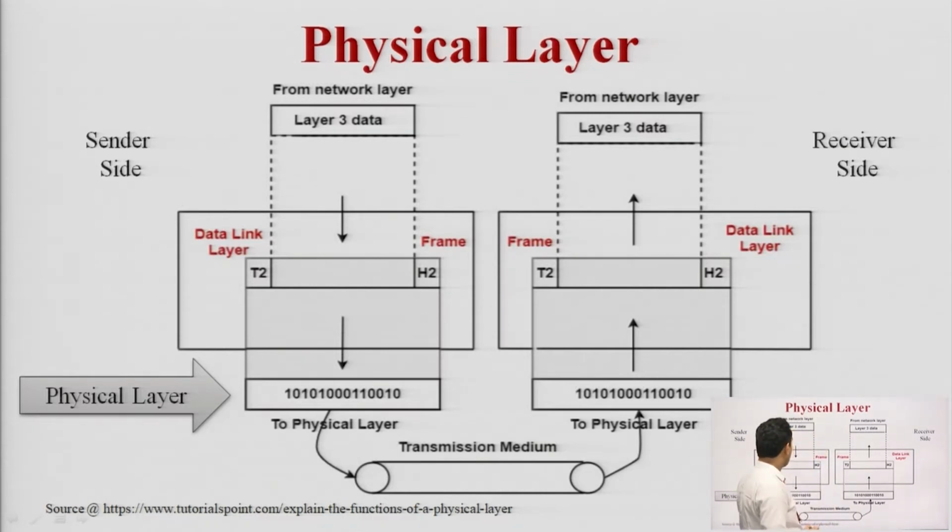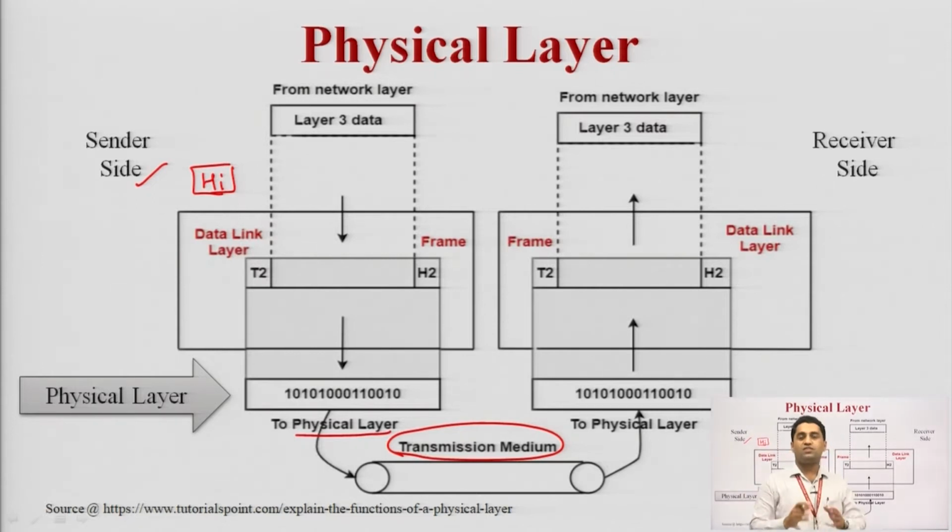You can see here, on the sender side, a message is traveling. Suppose I am sending a hi message, and this message travels from the topmost layer, the application layer, and gradually comes down to the physical layer. The important part about the physical layer is this transmission medium.